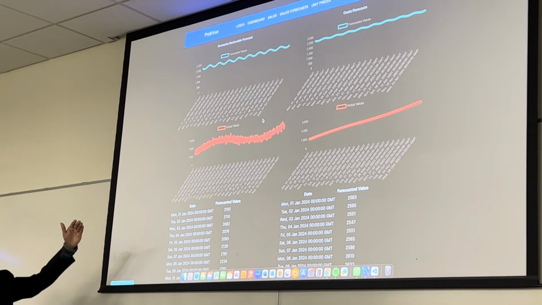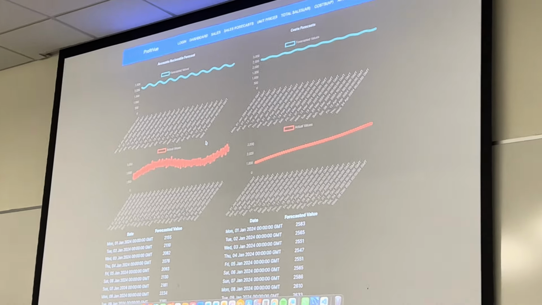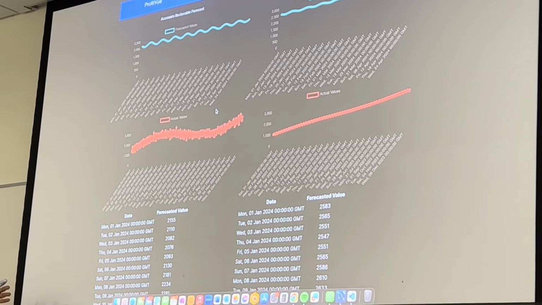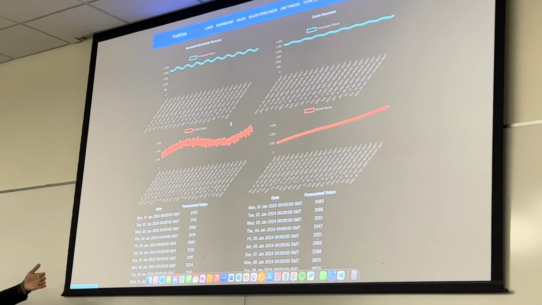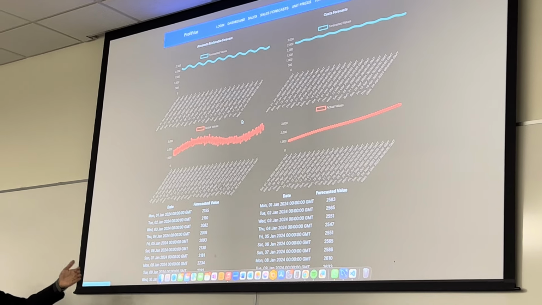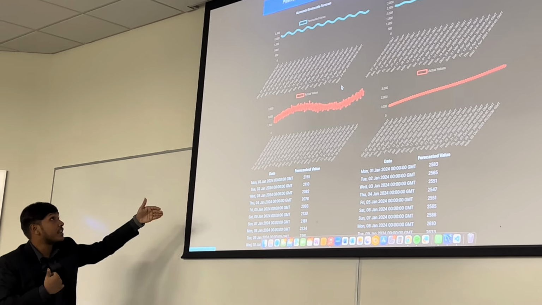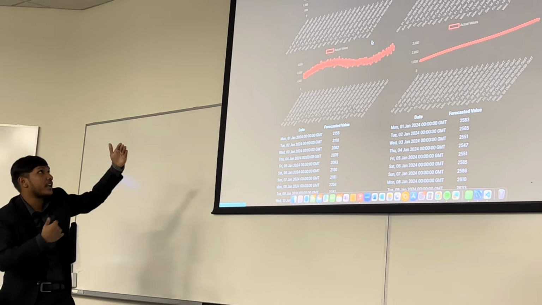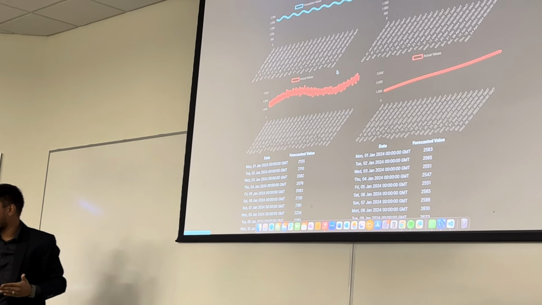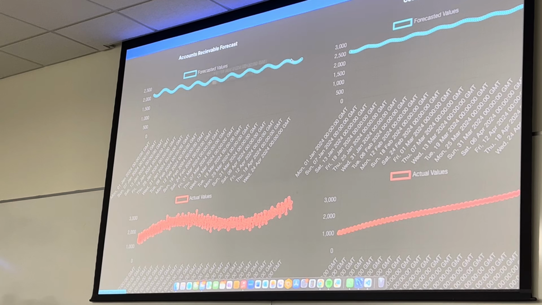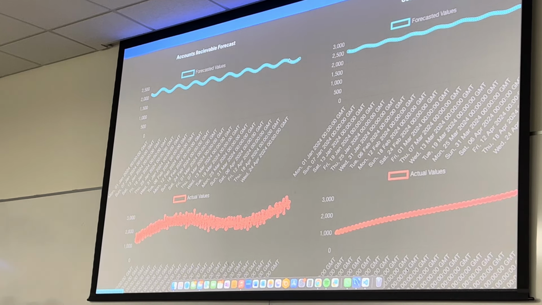Even in the forecasted values, it shows that in the future you will see this sine trend. That is where I can assure myself that it is trying to do better. It is figuring out that sine trend, and not only the sine trend, it is also figuring out the upward trend. If you look at it closely, you can see that this line is going up, with a little bit of an upward trend.